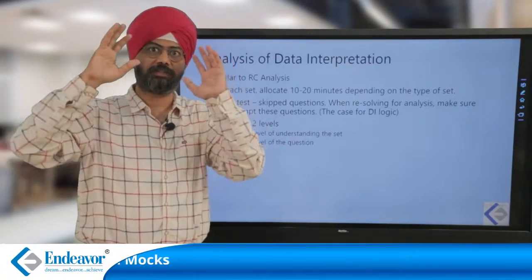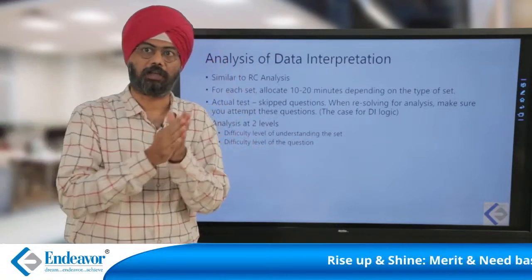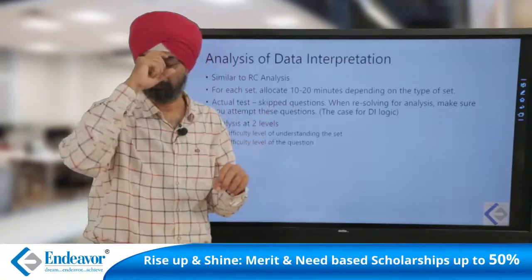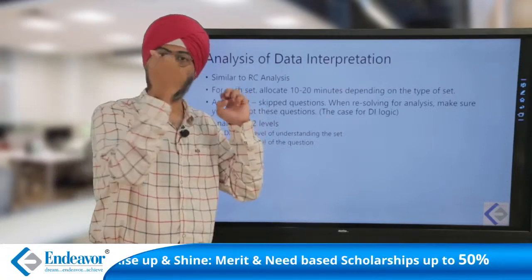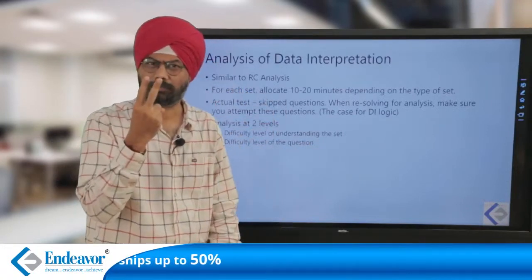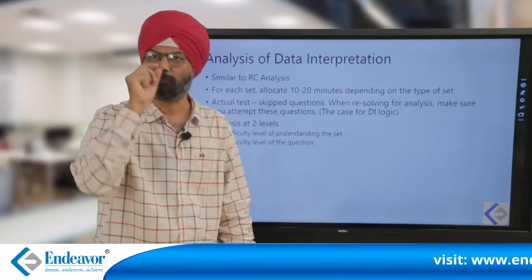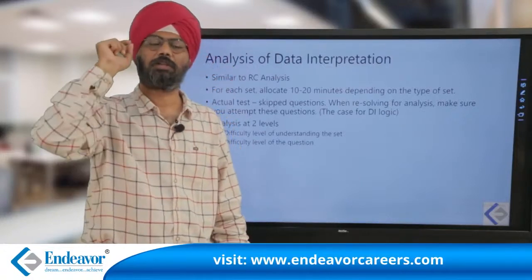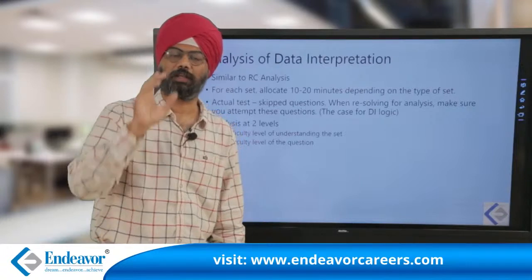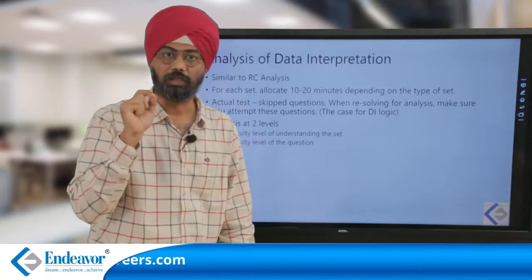Like RCs, there is a much greater possibility that you will come across a passage which is a bomb, but there are two direct questions. For those two, because you know the approach, you don't read the entire passage, you just answer those two questions correctly.